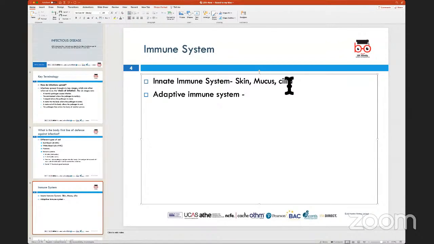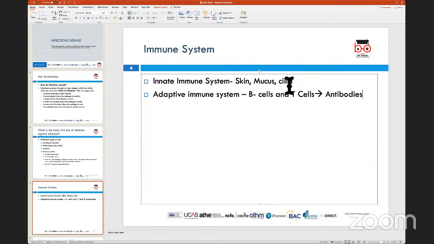Now here in this case, the adaptive immune system consists of your body fighting it through B cells and what are called T cells, because then the pathogen has entered your body or entered your bloodstream. So when we look at B cells and T cells springing into action, what we would see is that they would start producing what are called antibodies, and the antibodies would try and neutralize the pathogen and the infection which it is trying to cause.